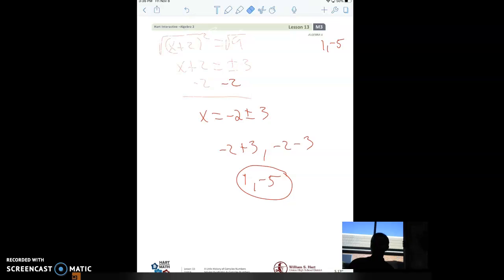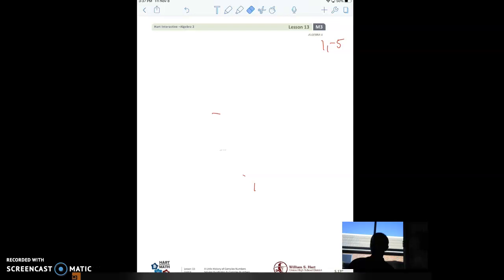I'm going to solve the same problem, but a different way now, that we've learned in class. So the problem again was (x + 2)² = 9. Now I'm going to solve it using the X method. Remember, in order to use the X method, I need to get this somehow in standard form. I'm going to draw the box.